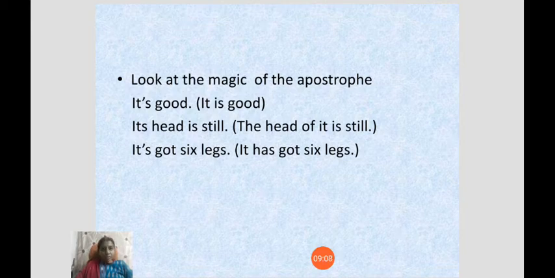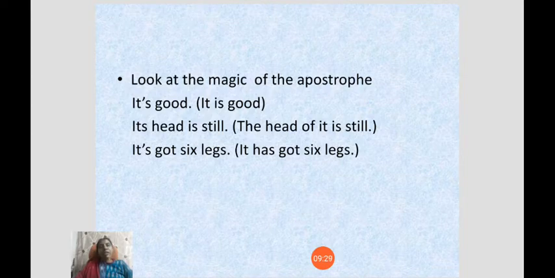What is the difference? It is only the knowledge of the use of helping verbs. In the first case, it can't be "it has good." Such a sentence is never used in English. So it is "it is."